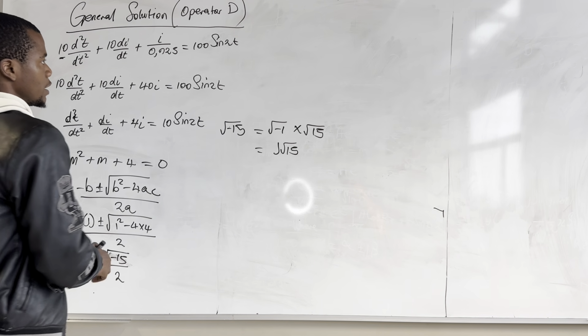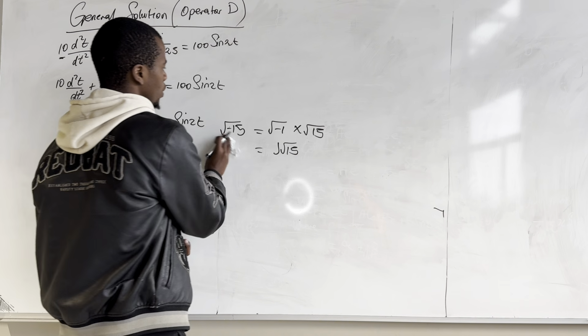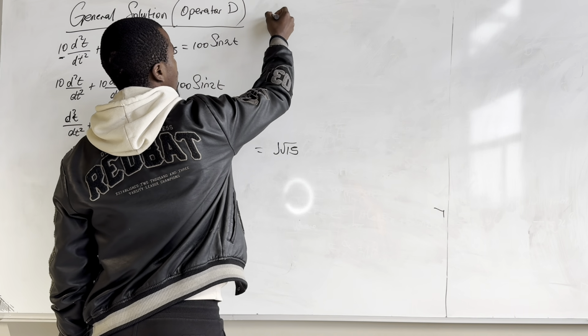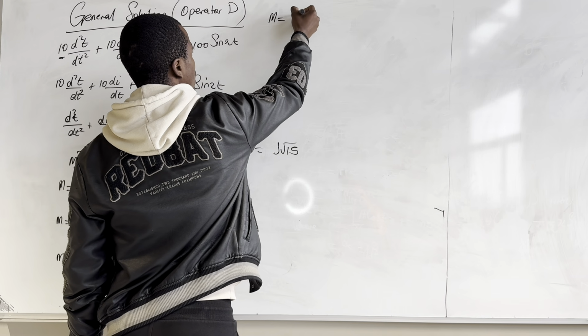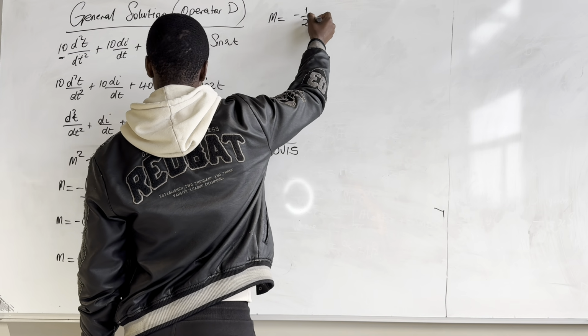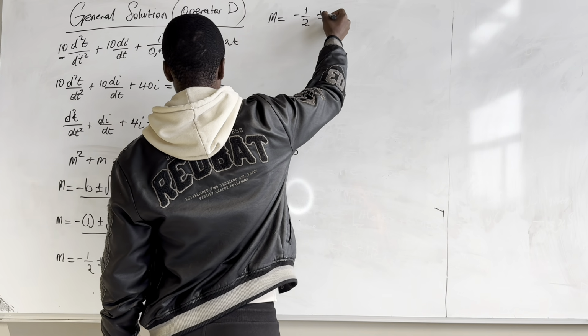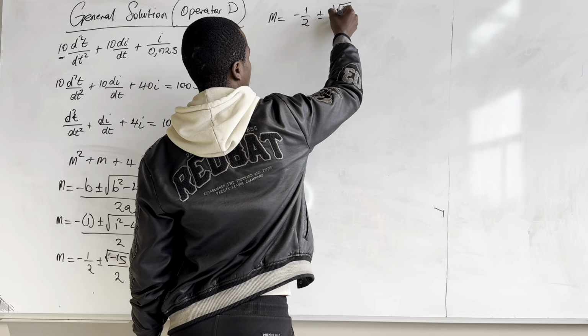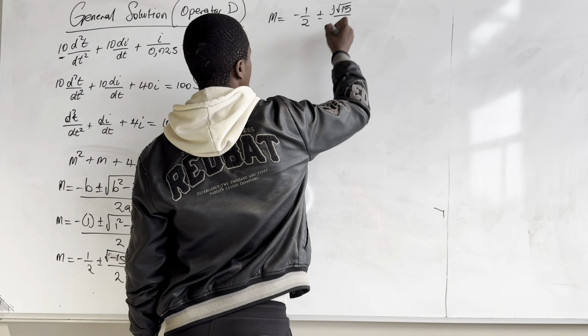So m is equal to negative half, plus or minus j root 15 over 2.